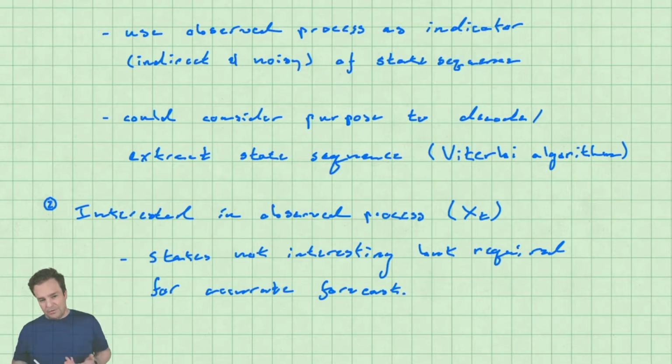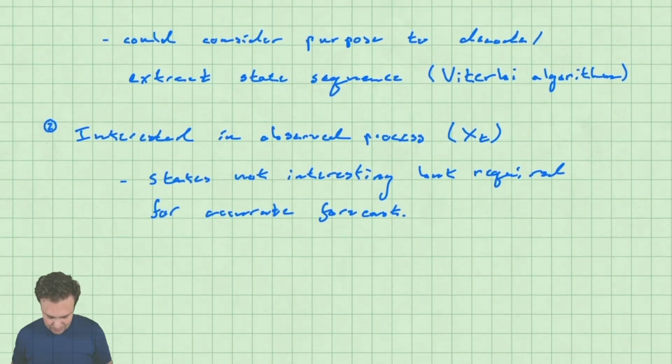For example, if you're trying to make a forecast for volatility in a market, say of some financial product, you might not really care what the sentiment of the investors is, but what you care about is the actual volatility that is predicted by that sentiment, or how strongly those are coupled. And maybe you can then concoct some scheme for predicting the sentiment. So this is just an example of how you might be interested in the observed process.